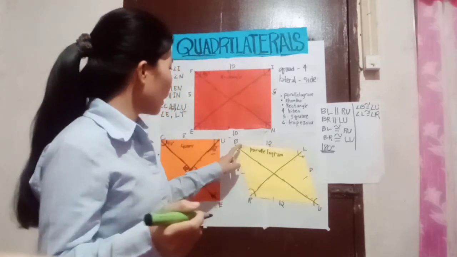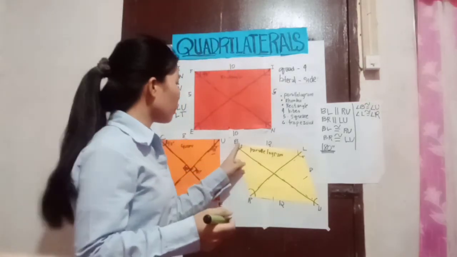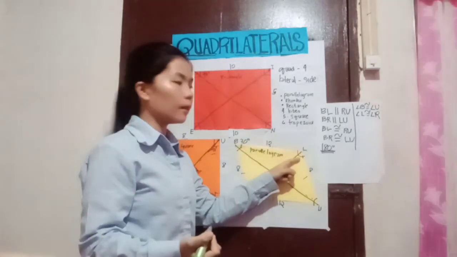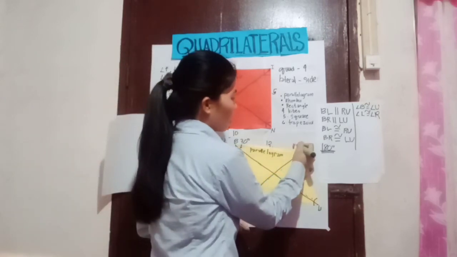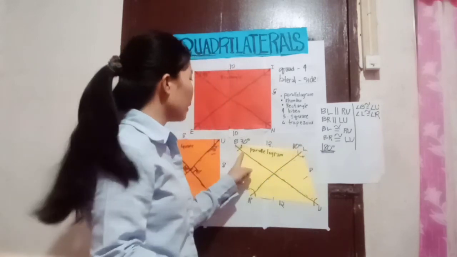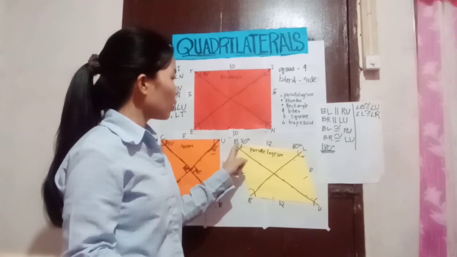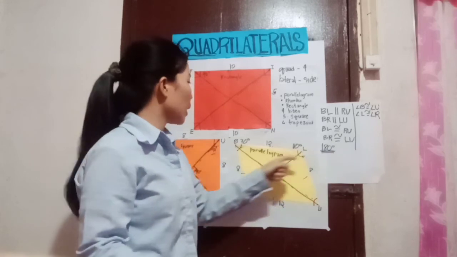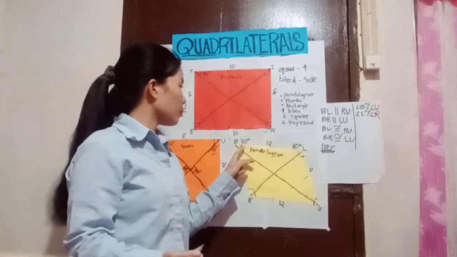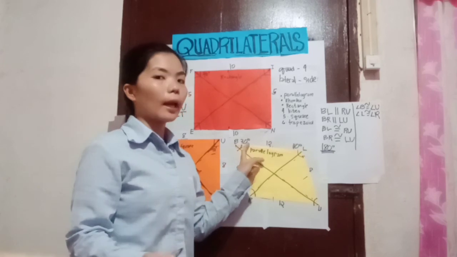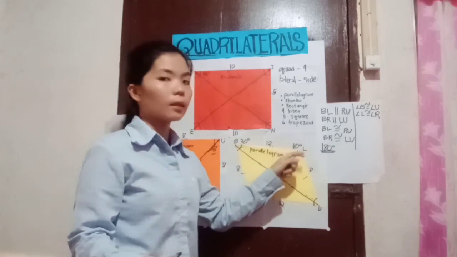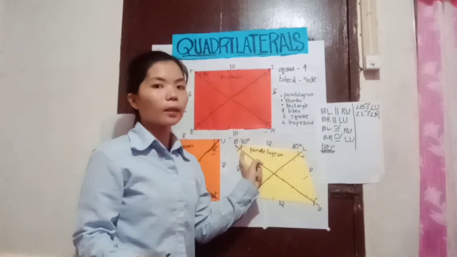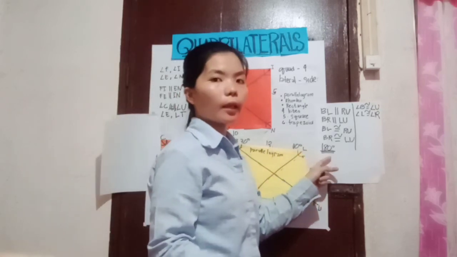Like this one, if angle B is 70 degrees and angle L is 110 degrees, if we add angle B and angle L, it equals 180 degrees.